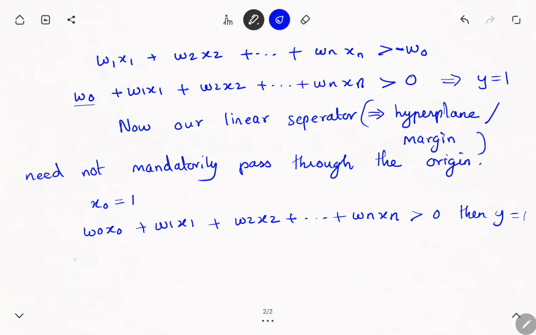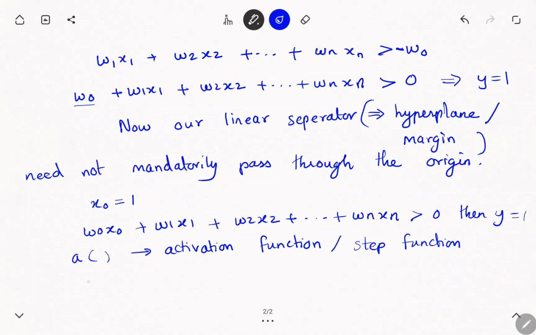okay, and we can use a step function which is denoted by A. So A is basically an activation function, what activates my perceptron, or what activates or fires the neuron, what causes the output, but mathematically it's only a step function. So basically, A of z is equal to 0 if z is a negative number or 0, and A of z is equal to 1 if z is greater than 0.